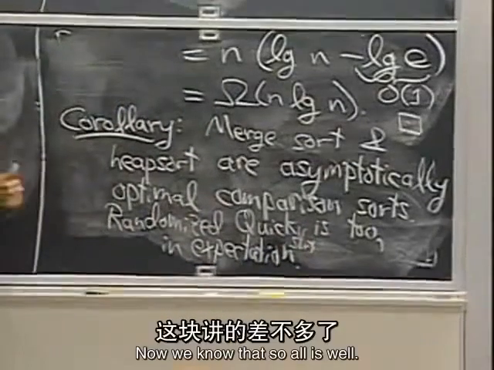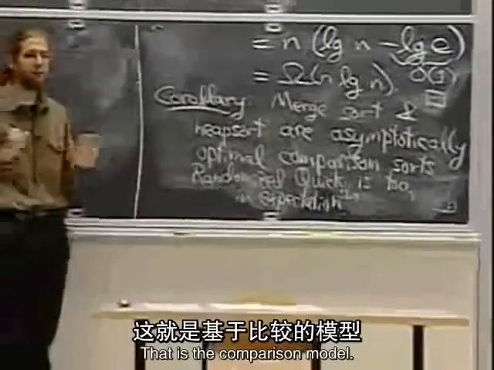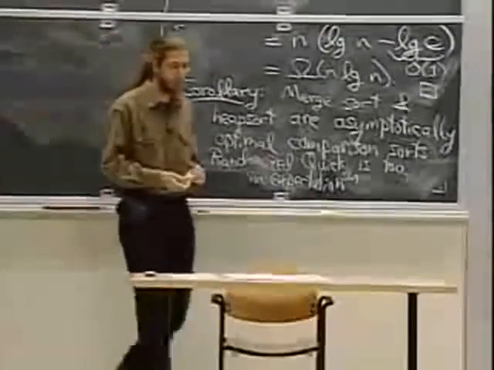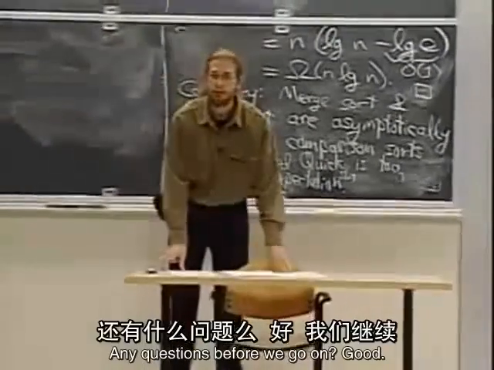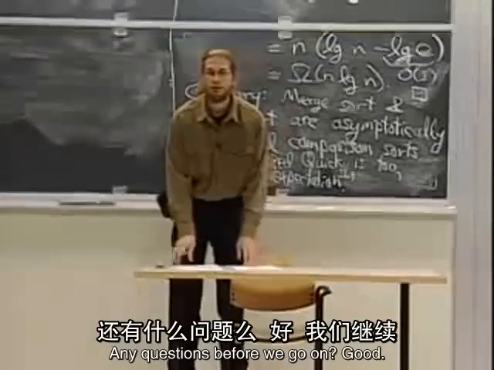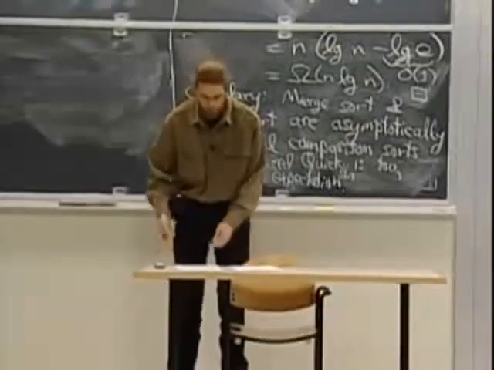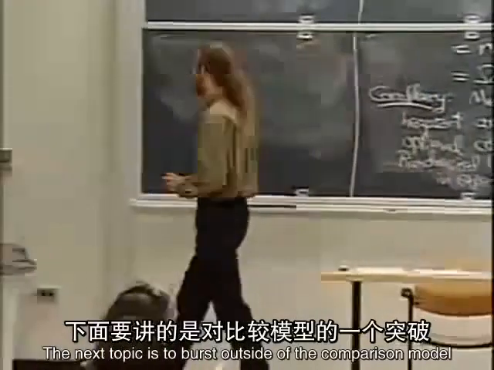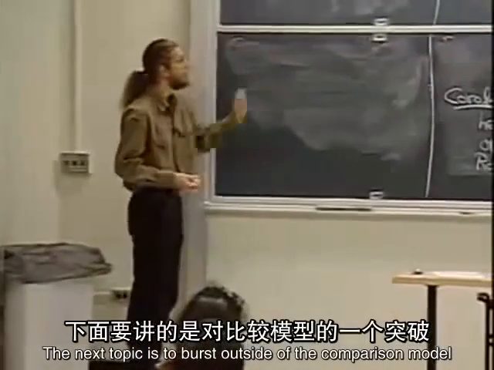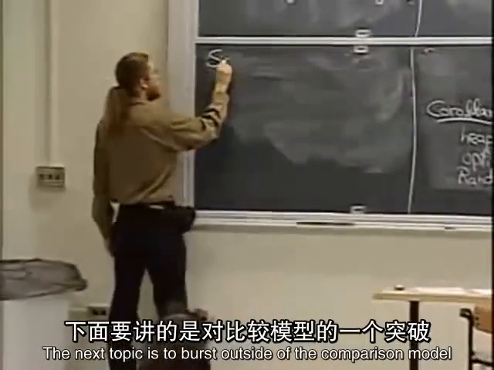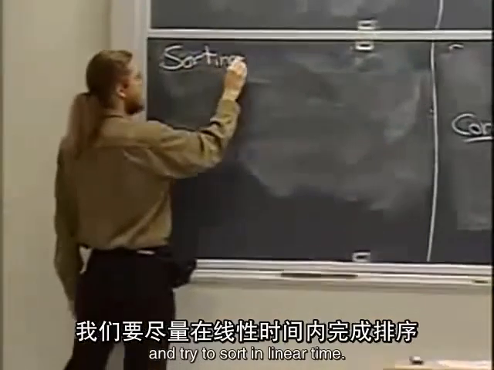Now we know that, so all is well. Okay, that's the comparison model. Any questions before we go on? Good. So the next topic is to burst outside of the comparison model and try to sort in linear time.